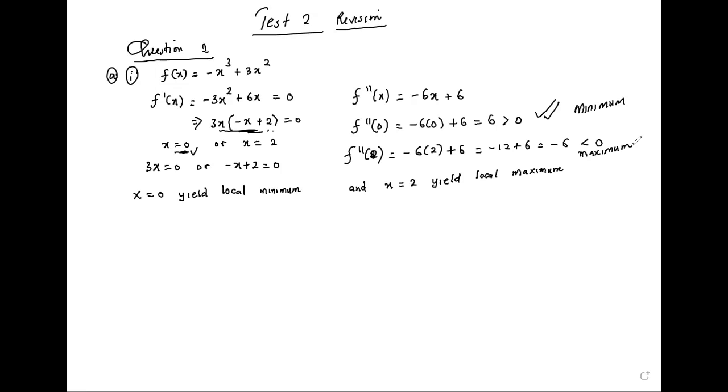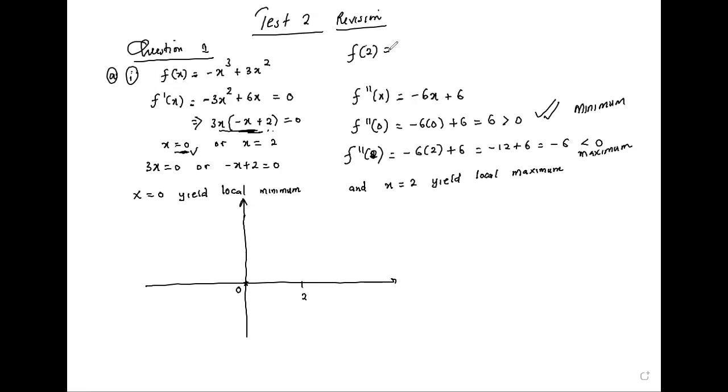And then the question continues to say, hence sketch. So we'll put our sketch at 0 and at 2. When x is 0, we're getting 0. And when x is 2, we go back to the original function so that we can find the y coordinates.